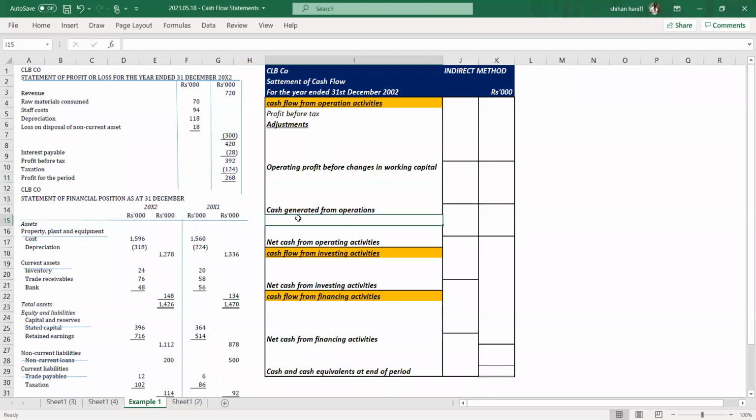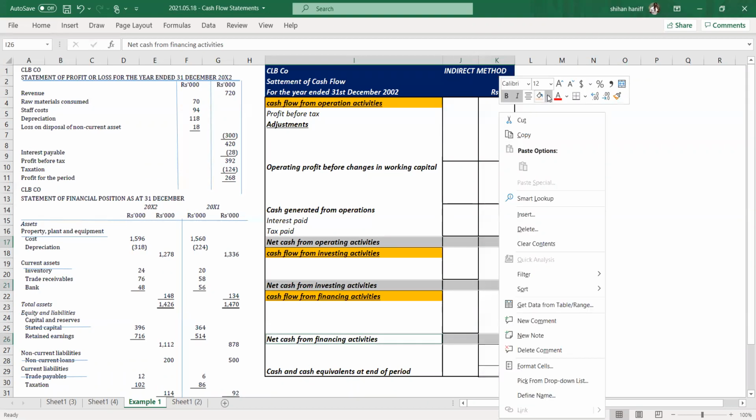Then cash generated from operations, out of that interest paid and tax paid should be deducted. Then we will get the answer, net cash flow from operating activities. So net cash flow from operating activities, net cash flow from investing activities, and financing activities.